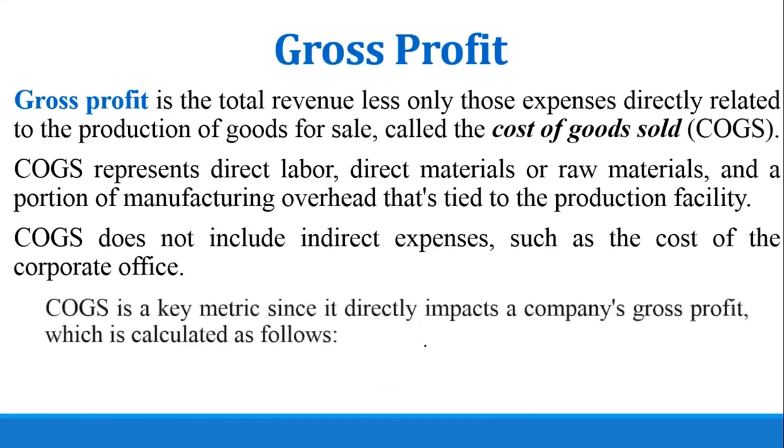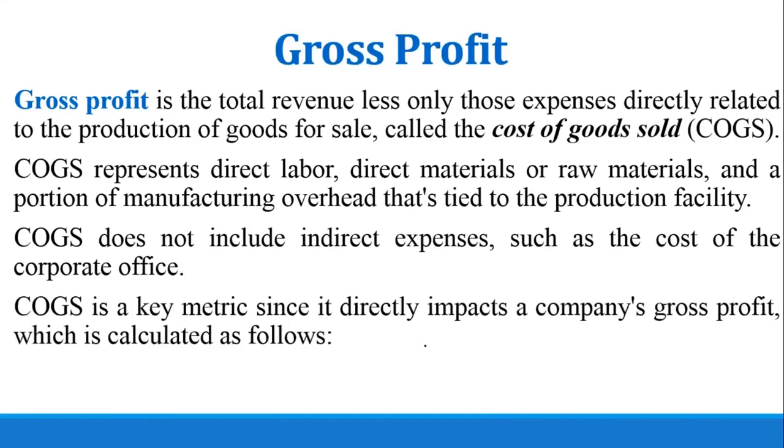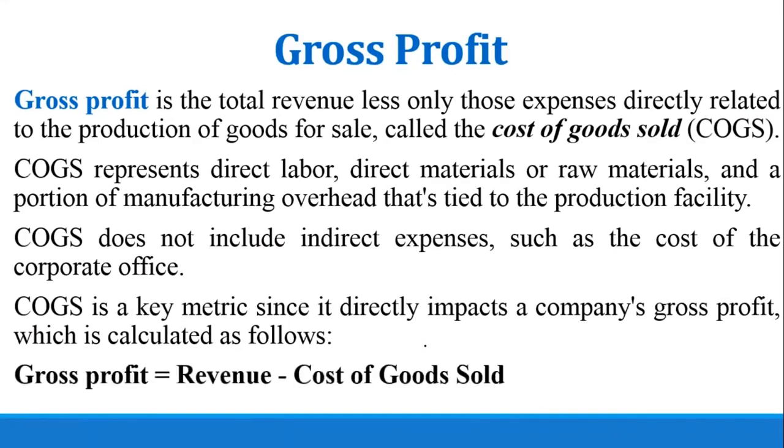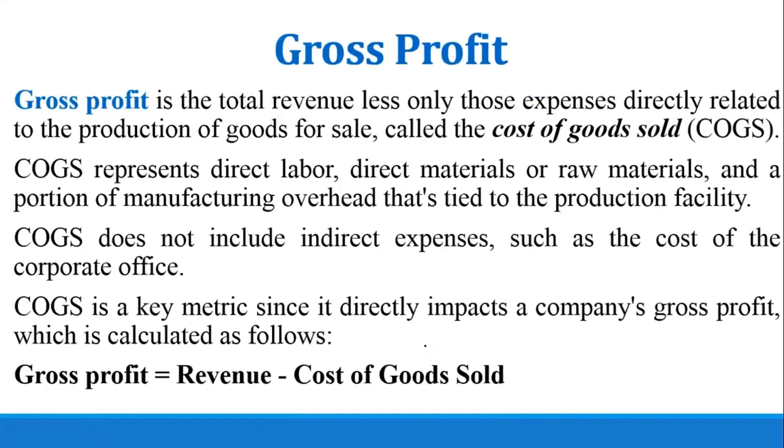Okay, so this is a key metric since it directly impacts a company's gross profit, which is calculated as follows. Okay, gross profit is equal to the difference between revenue and cost of goods sold. Okay, so that is gross profit.